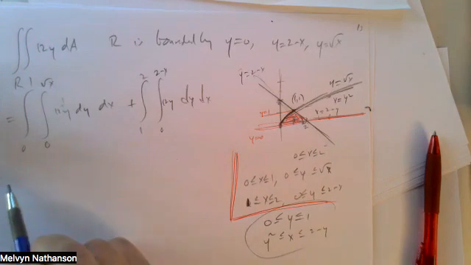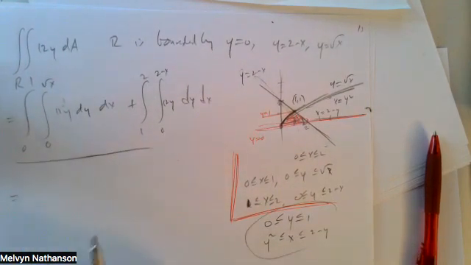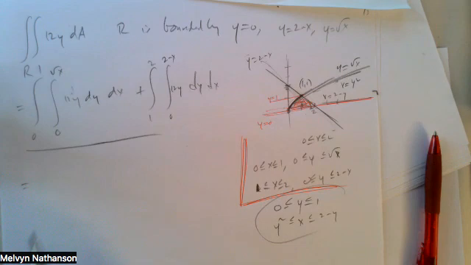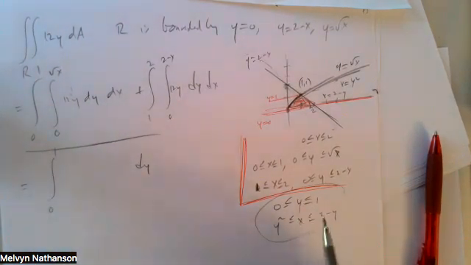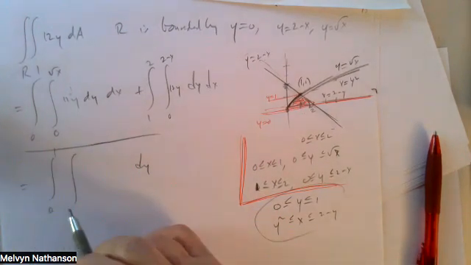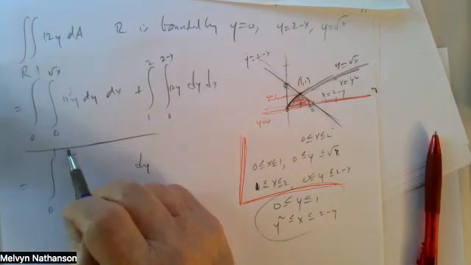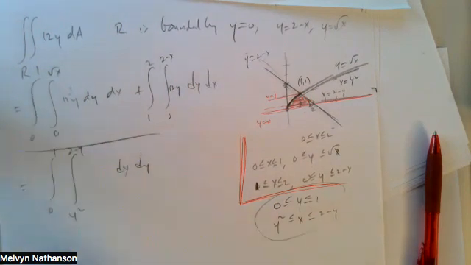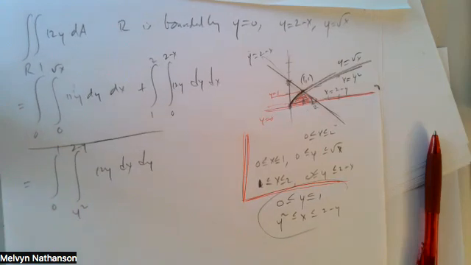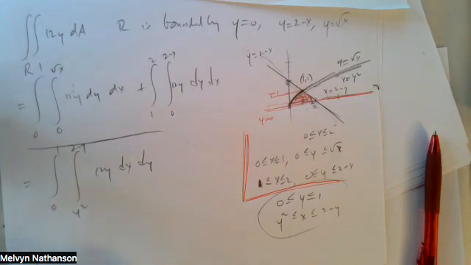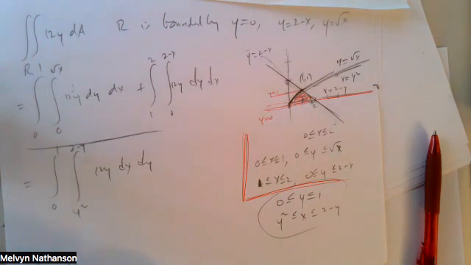And then I could write this as just one integral. I'm going to integrate with respect to y from 0 to 1. And for each y, I'm integrating x from y squared to 2 minus y, dx. And my function is 12y. So I just have one integral to do. What is this inside integral? The integral of 12y with respect to x is just 12xy.